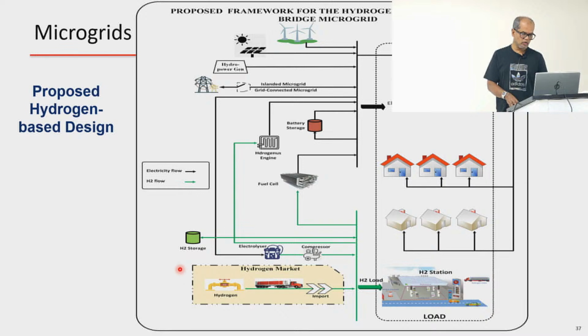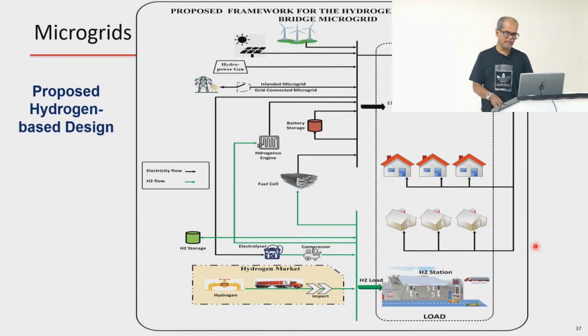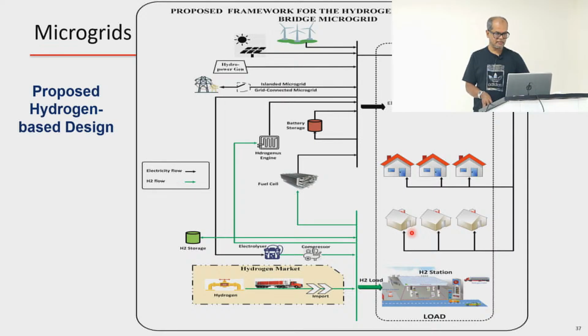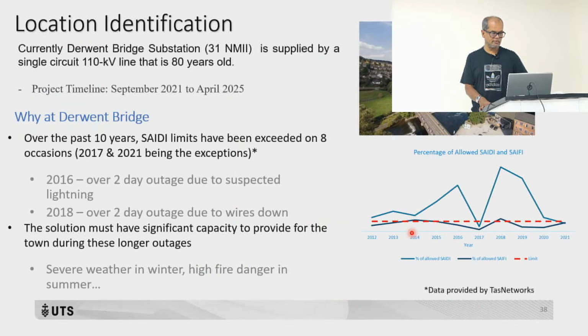Although we didn't have a hydrogen market yet, we just considered, if we have a hydrogen market, how it's gonna interact with the local hydrogen based market. But definitely, like the electricity market, we believe that when hydrogen becomes cost effective, we do have hydrogen as well.